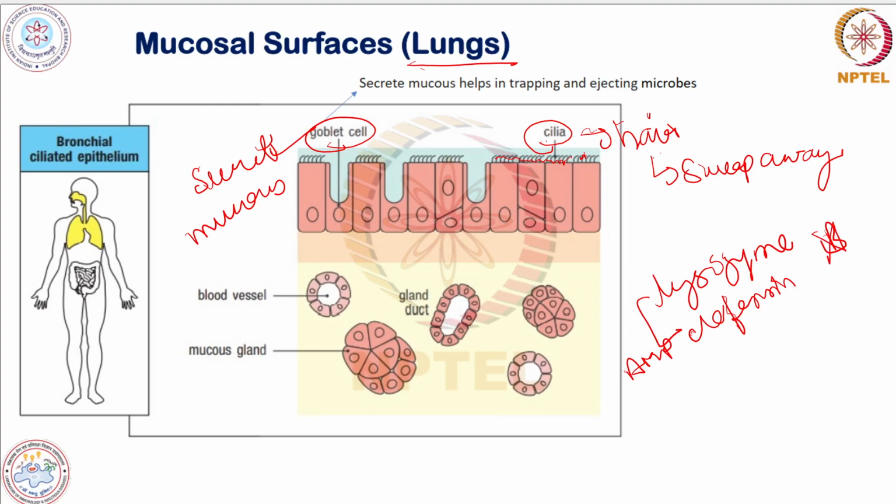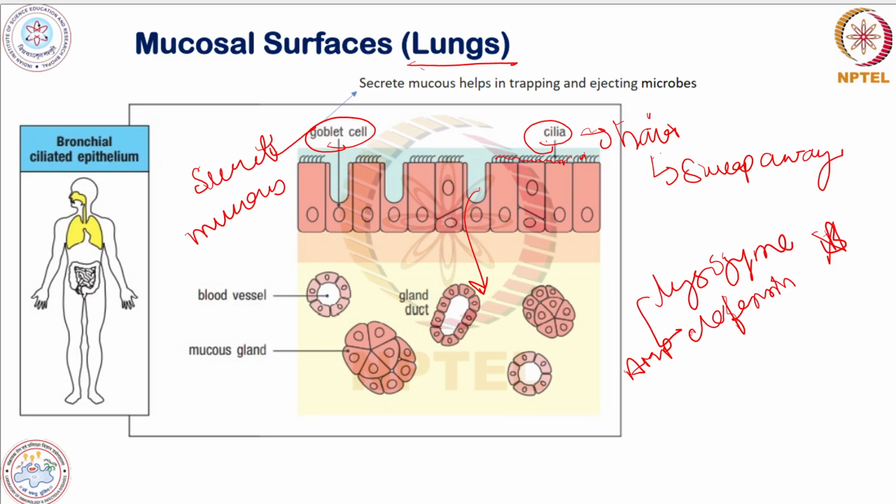So if the mucus and the cilia don't work properly, then what will happen? Harmful bacteria and viruses can enter our lungs, and they can lead to infections like pneumonia, bronchitis, and other infections.